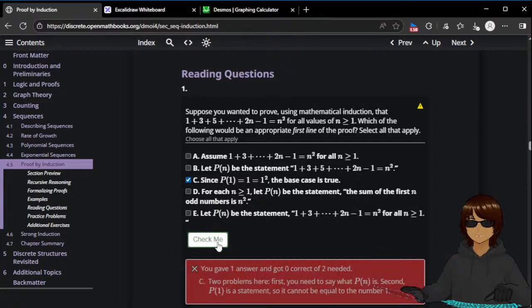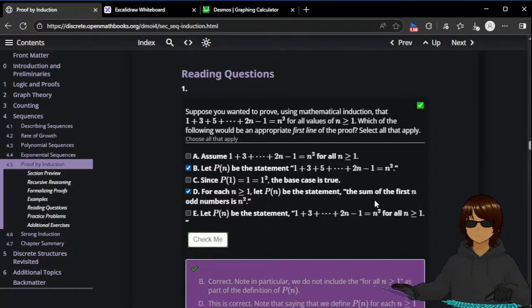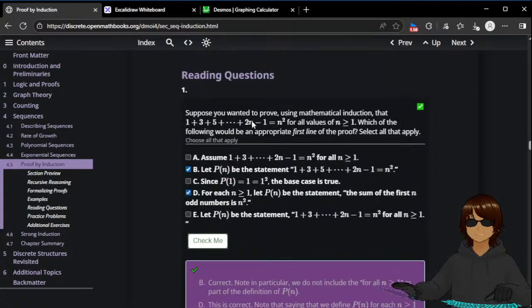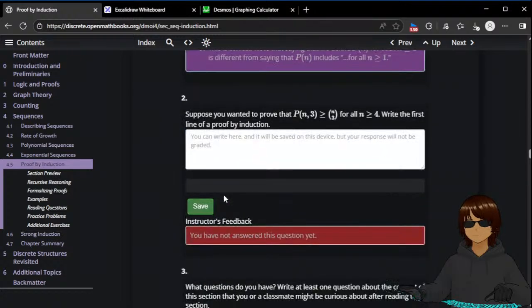I think it's only this, right? It's this. The sum of the first n odd numbers is n squared. Okay, then we have to define Pn first.